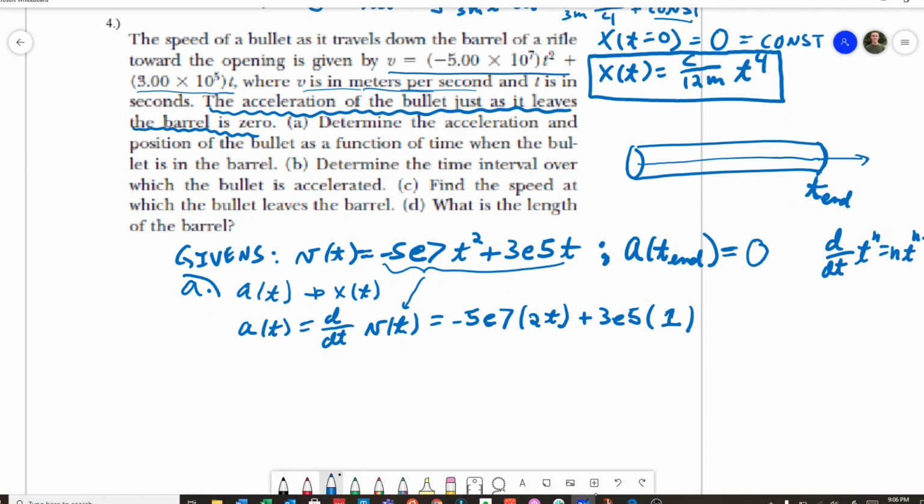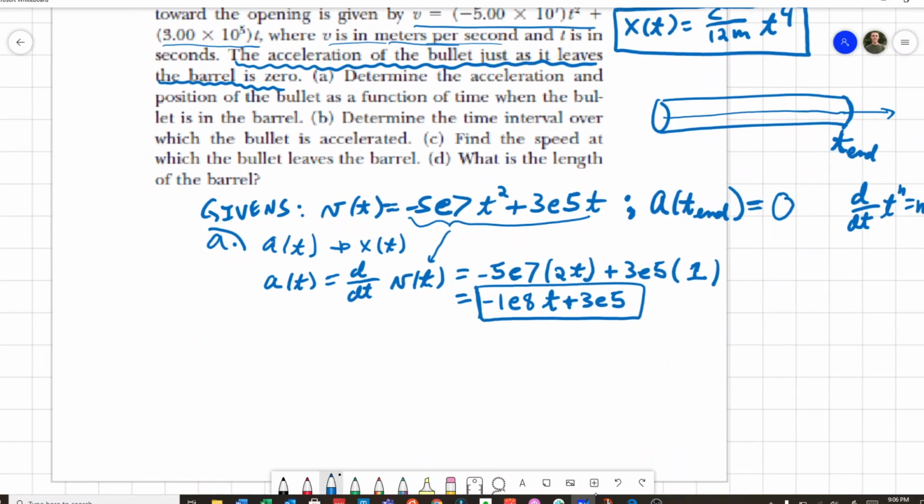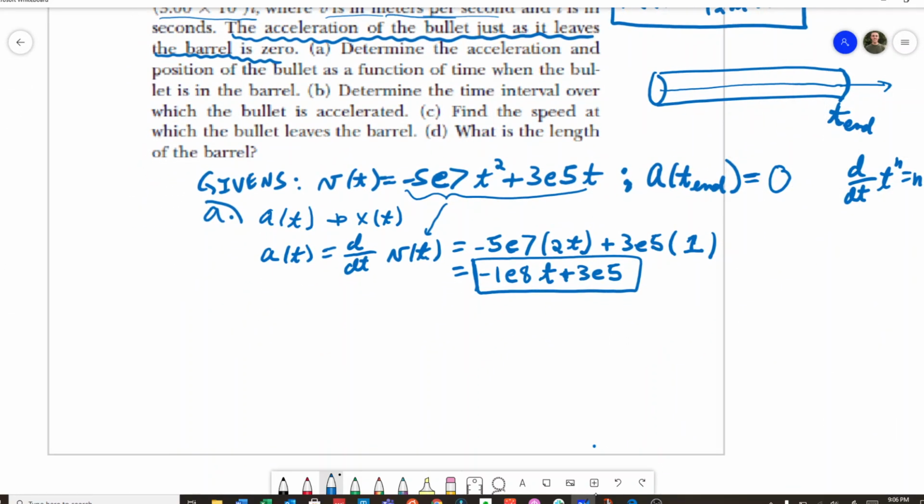All right. So this one was not too bad, right? We have minus 1e8 t plus 3e5. Okay, that's our acceleration coming from the derivative of velocity.